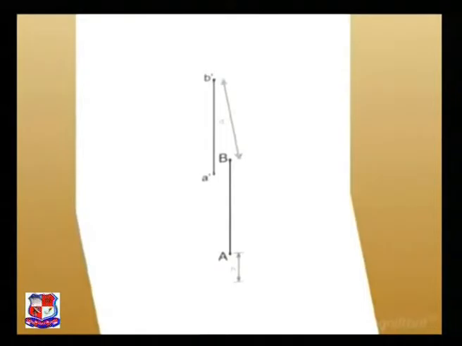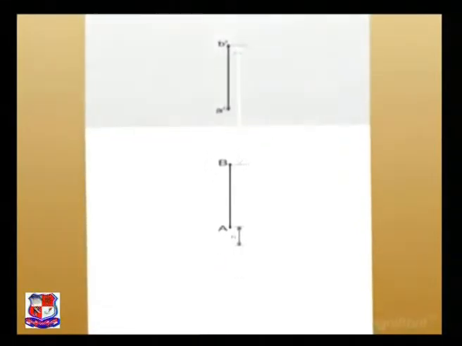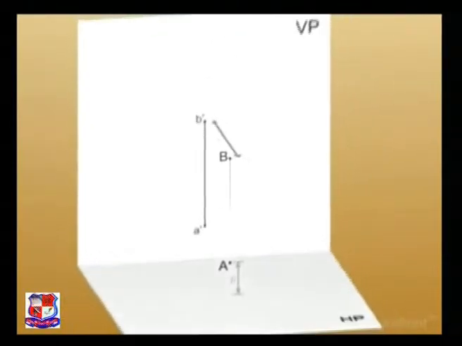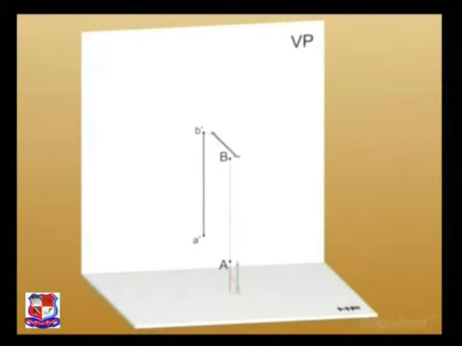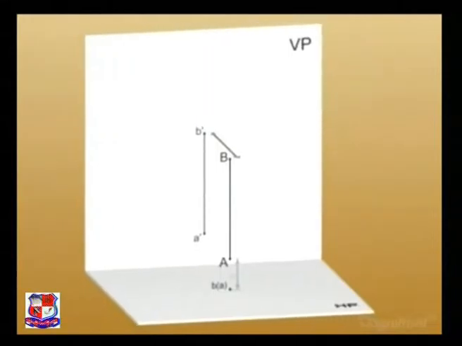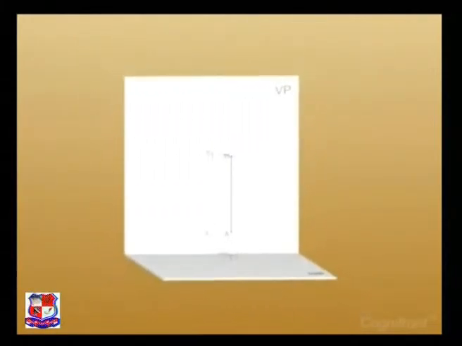As you can see from top, point B is visible and it hides point A. So, projectors from point B passing through A meet HP at point BA, which is the top view. Let's see how it will appear on paper. For this, first draw a horizontal reference line XY.